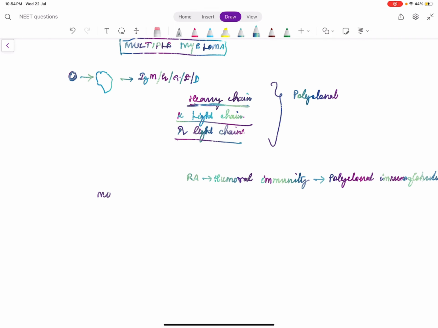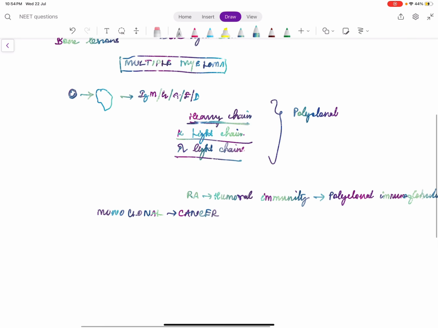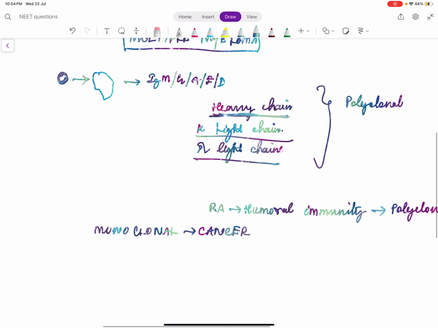Whenever the term monoclonal comes, like only one particular type of cell is produced, it is always cancer. It is always malignancy. So assume a disease where different types of chains are not produced. The B cell becomes neoplastic. It produces a particular neoplastic plasma cell. That neoplastic plasma cell secretes only one type of chain.